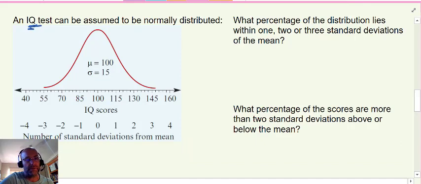We have an example here. IQ tests are often used in the sense that they can be assumed to be normally distributed. Now, a cautionary note here: IQ is actually presented as discrete quantities, because to my knowledge they're integer values, not real values, so positive integers.